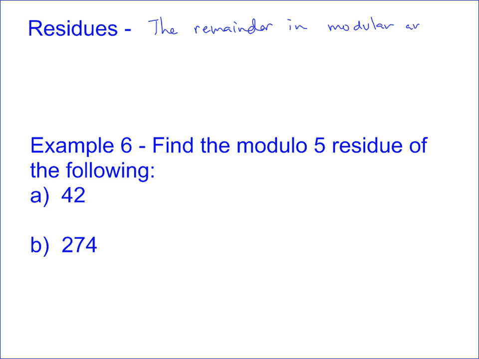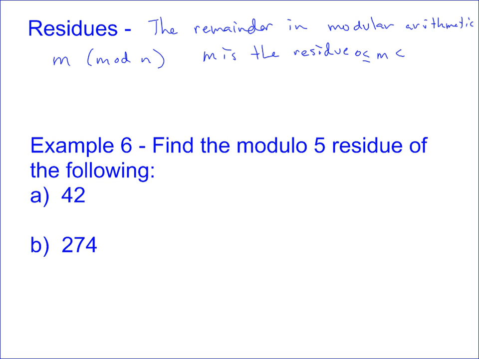Another way to say it is if we have m mod n, m is the residue. And by the way, m will always be greater than or equal to 0, and less than n, and always be an integer.